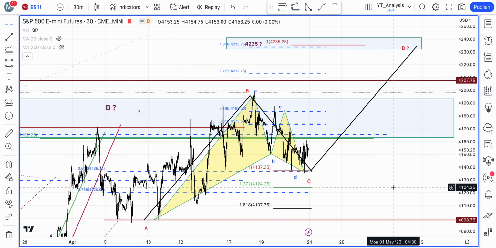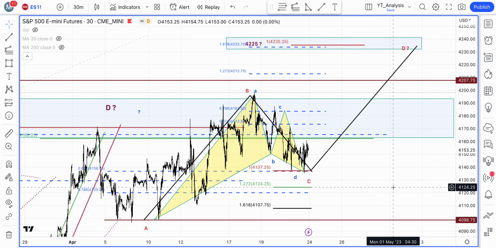This is not Elliott wave. We have a one-to-one projection and a 1.618 expansion of the BC swing, and we have a confluence zone forming here. So this is why we need to pay attention to this level of anywhere between 42.25 to 42.35 thereabouts.